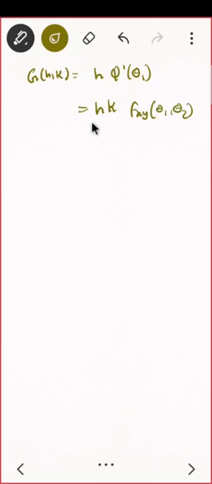So g of hk will be h into phi dash of theta 1. And you got the value of phi dash of theta 1, that is h into k fxy of theta 1 comma theta 2. Correct? Now observe one thing. We have got the value of g of hk in terms of h into k fxy.